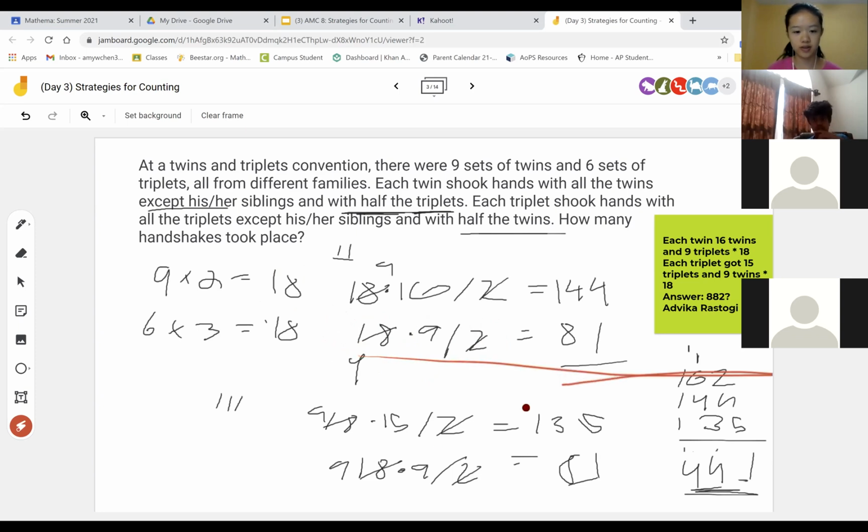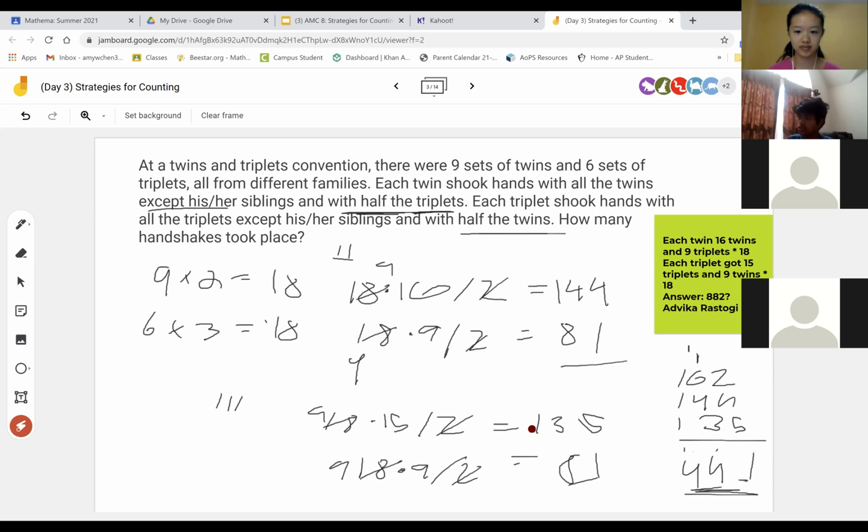And for this last one here, I kind of forgot what I did here. For the 135 part, remember, it's the triplets now.